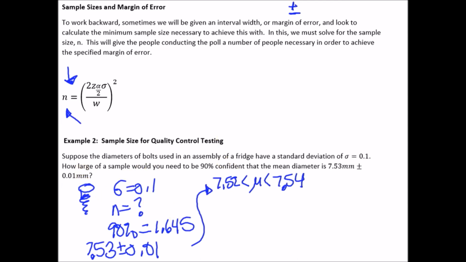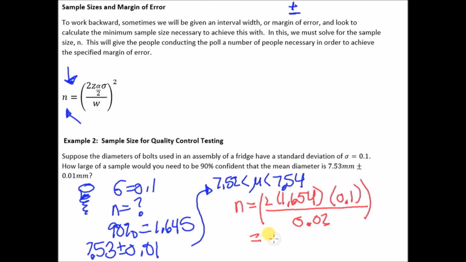Okay, so how large of a sample? Let's just change colors right now. Let's go n equals, and let's just sub right in: 2, and then the z, 1.645, and then sigma, which is 0.1, all over w, which in this case is 0.02.